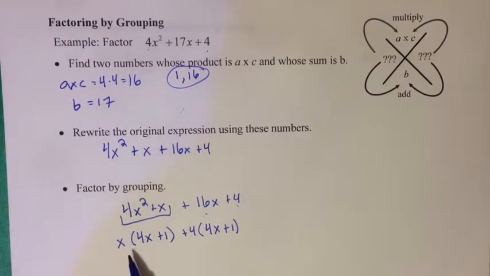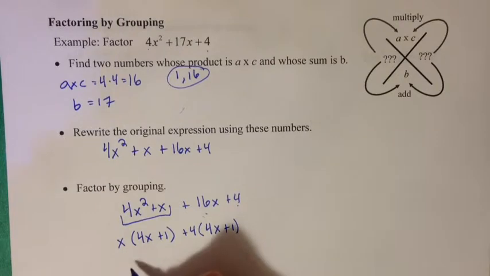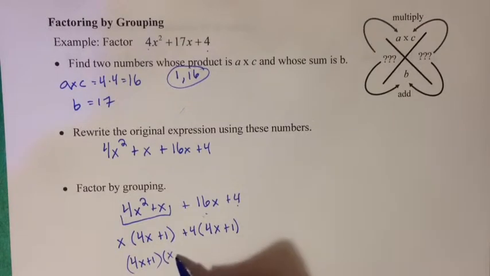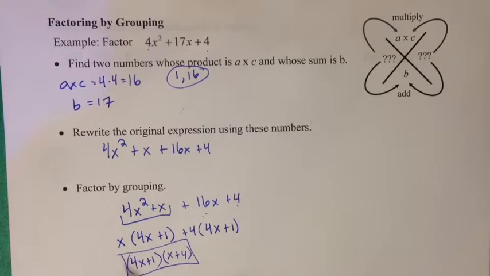Now I've got two terms, x times 4x plus 1 plus 4 times 4x plus 1, so they both have a 4x plus 1 in common. I'll pull that 4x plus 1 out and leave behind an x from the first term and a 4 from the second term. And that is my factorization.